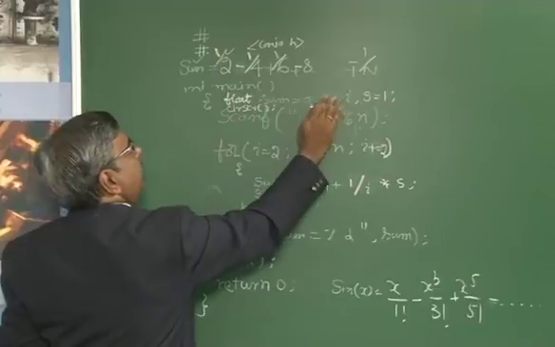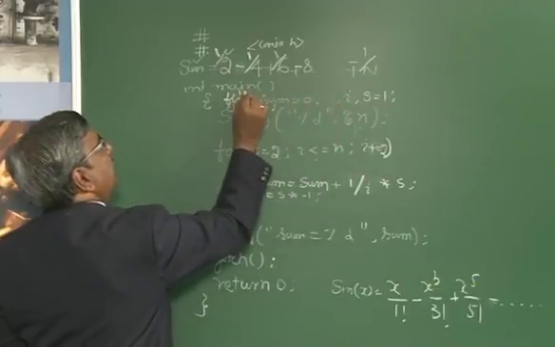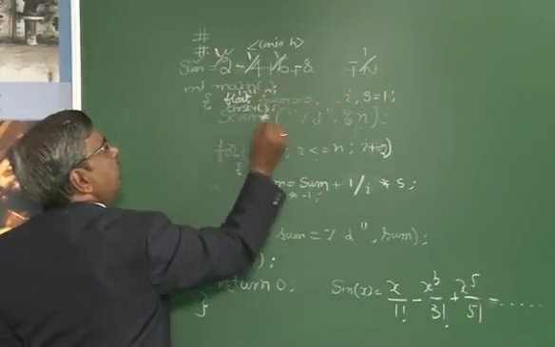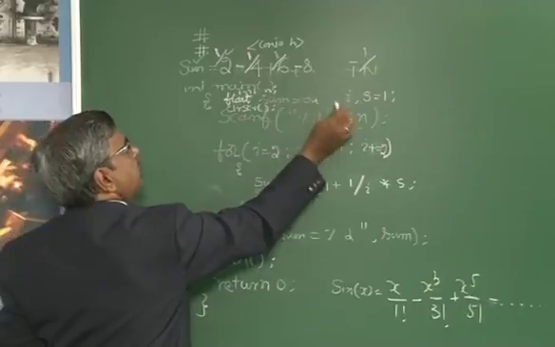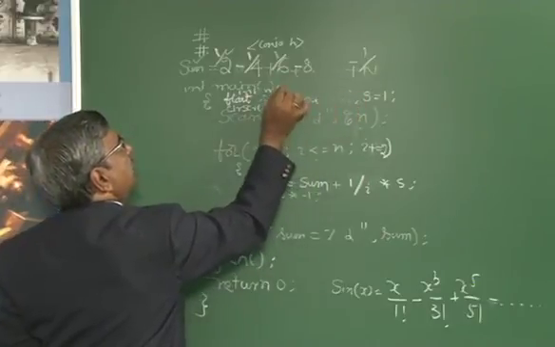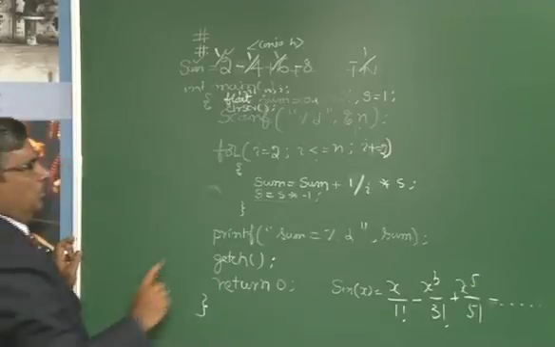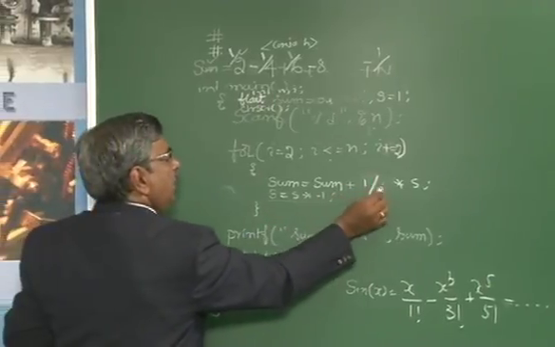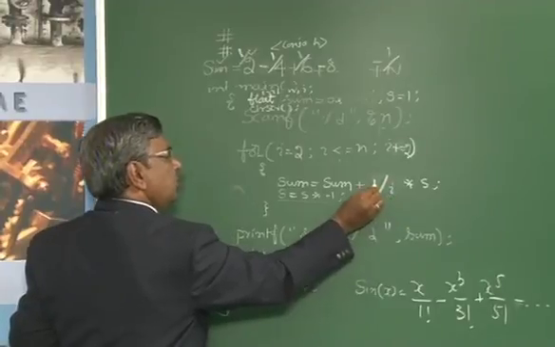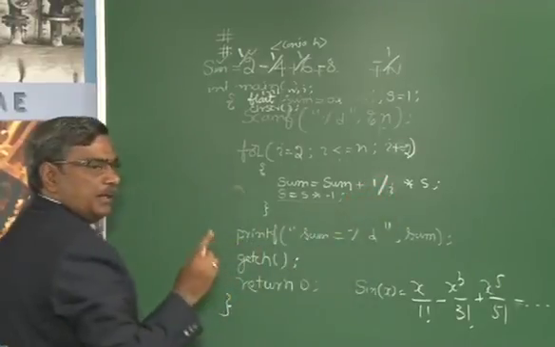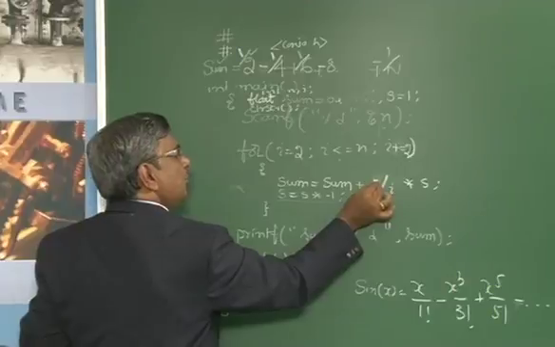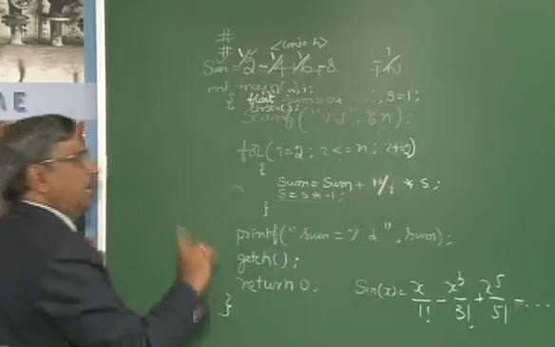The n variable you can take as integer only, int n. The remaining variables, if you take i as integer, then 1 divided by i is also integer, and the result will be an integer value. To avoid this, you introduce 1.0 and compute.